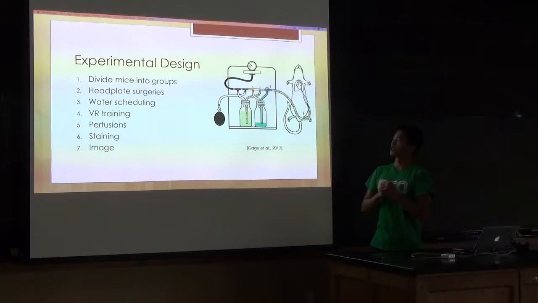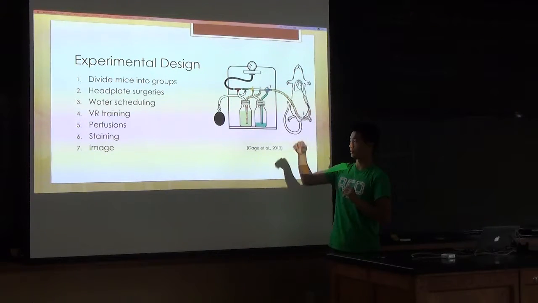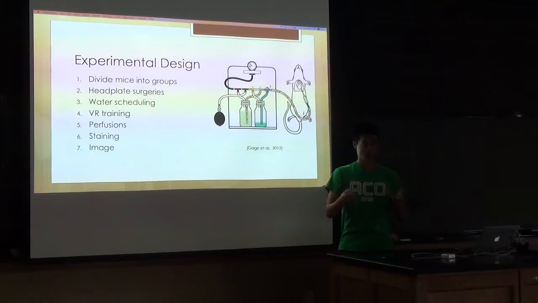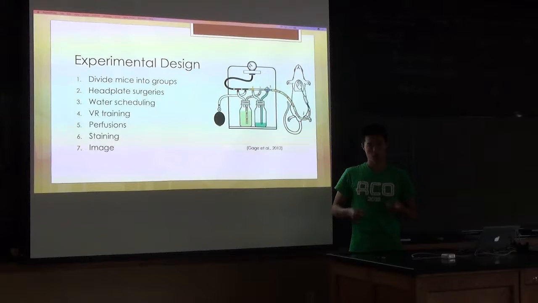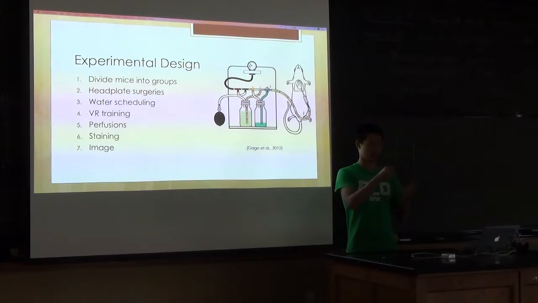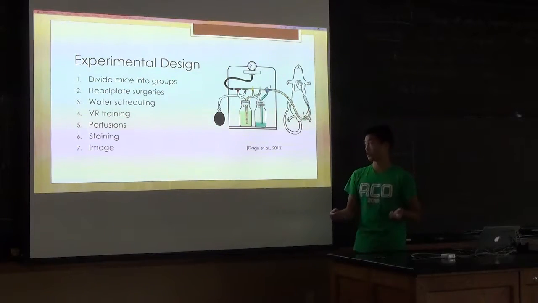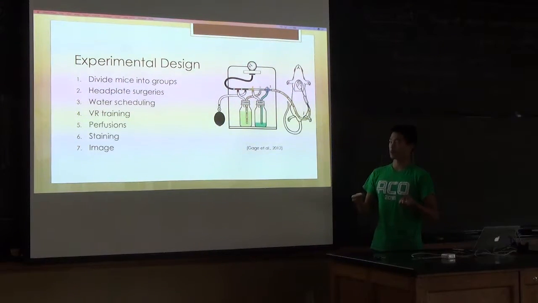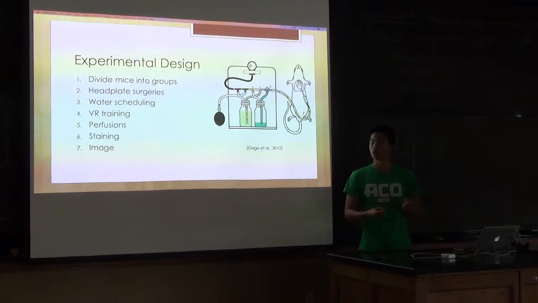And so after we divide these mice, we give them head plate surgeries. What this is, we will cut open the scalp on the mouse and attach a head plate with glue so that the mouse can be placed on the VR rig.